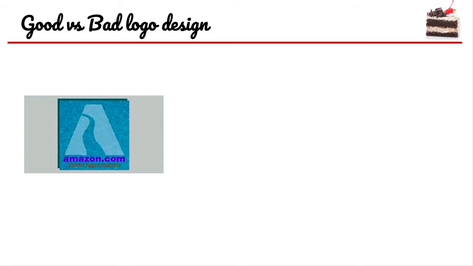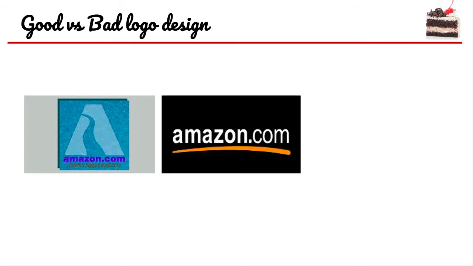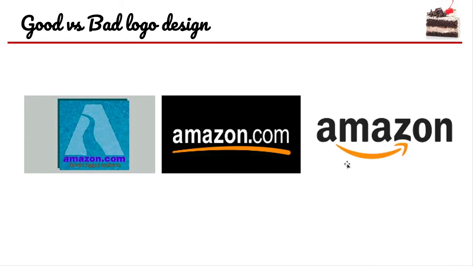They developed that logo then and made this. Much more simple. They got Amazon.com and then a mark underneath it. And now the modern logo is this, and it's got something hidden in it. It's got a smile to make people happy, but there's a link between the A and the Z here, because Amazon's like a directory and they want to say that they cover everything from A to Z.